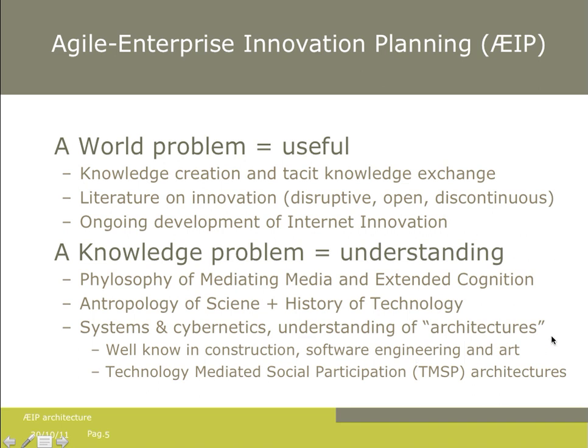And in art, architecture is often considered an art, so there it's already clearly present. But I think the notion of architectures is still very underdeveloped in science, and it can actually be used in many more domains.